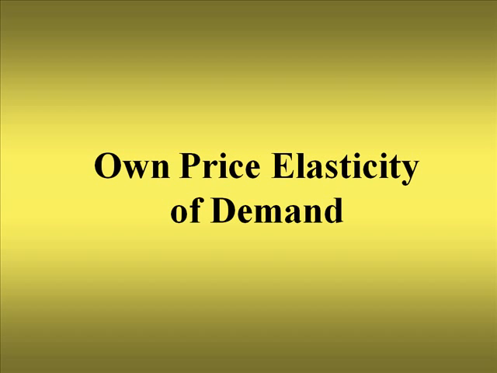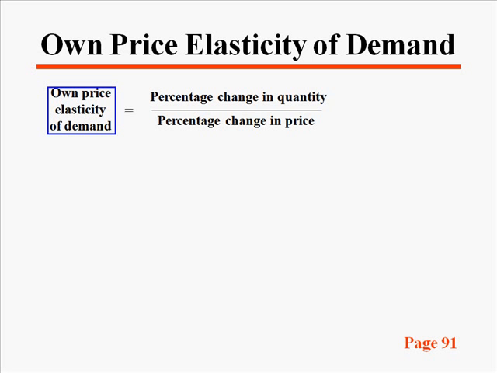First, we're going to look at the own price elasticity. The own price elasticity formula, in simpler terms than from the previous slide, is the percent change in quantity over the percent change in price. And remember, this is all for the same good.